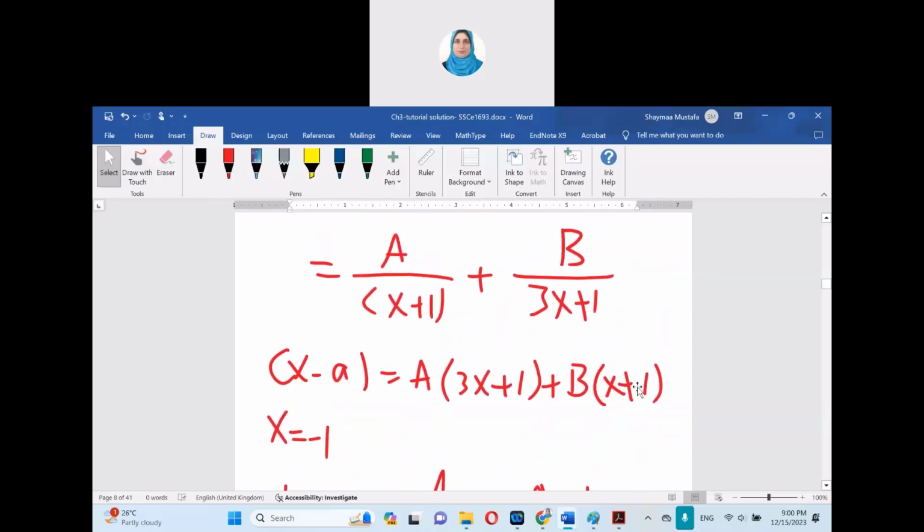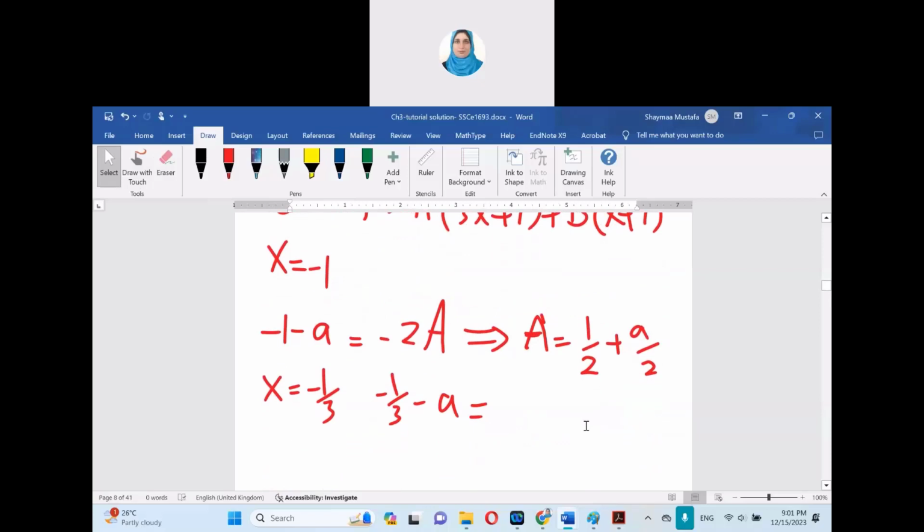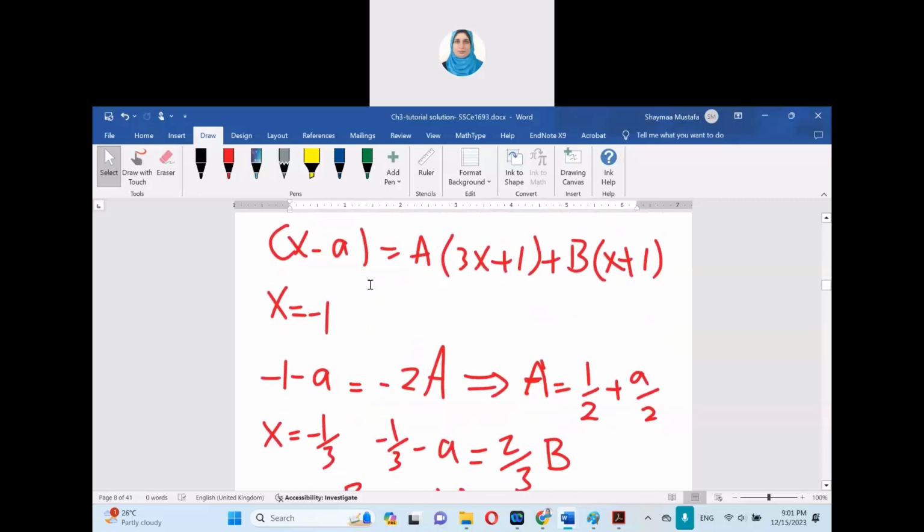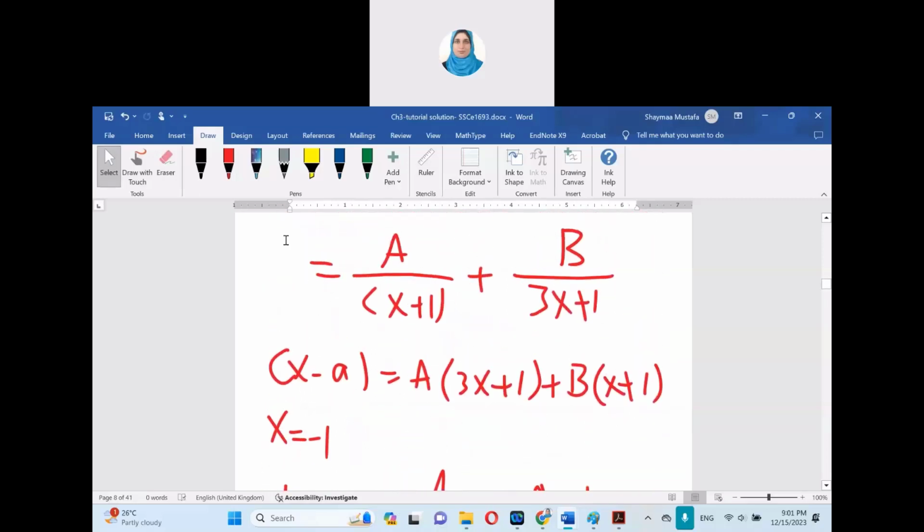So here minus 1 over 3 plus 1 gives 2 over 3 B. So B is minus 1 minus 3a over 2. So when you substitute, A is 1 over 2 plus a over 2.